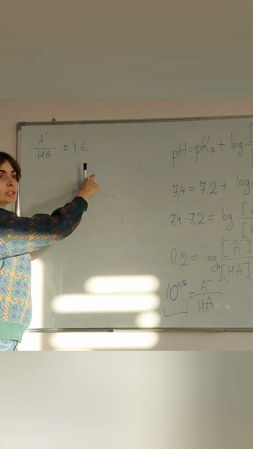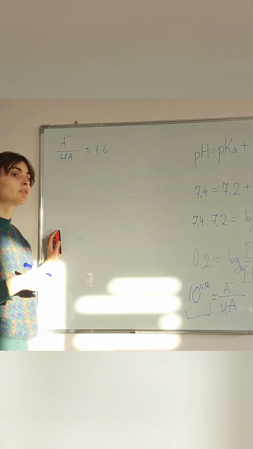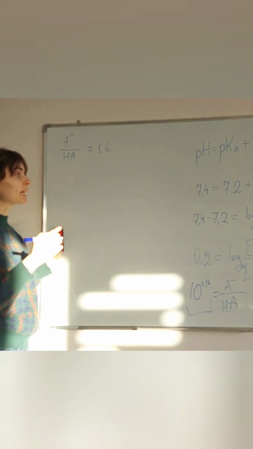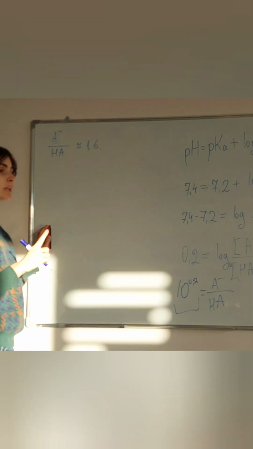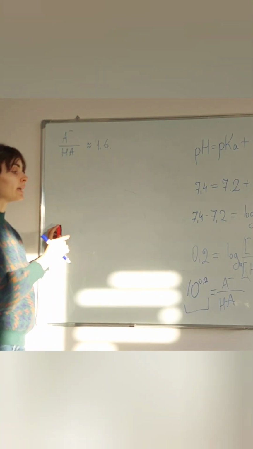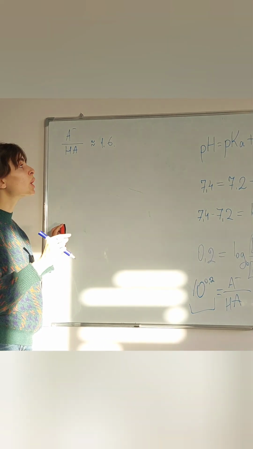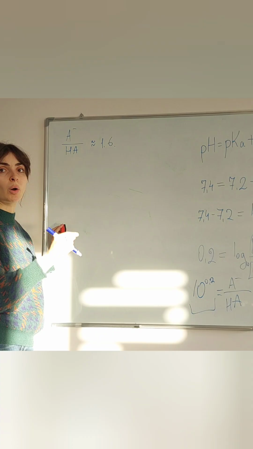So we have the ratio, but now we actually have to convert the ratio into the concentrations. What we had mentioned before is that together the base and the acid amount was 0.1 mole.